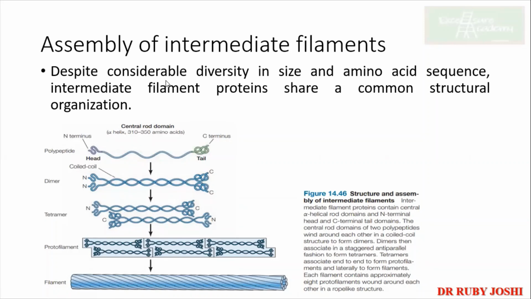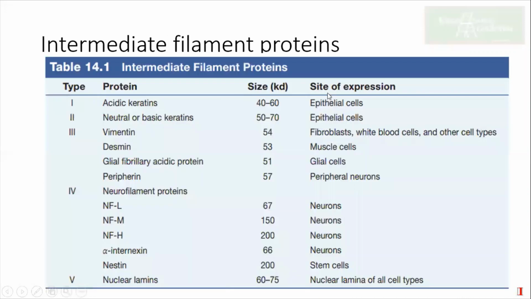Okay. Krishita, alpha internexin? Fibroblast. Where? Fibroblast, no. Last, Shruti, vimentin? Nobody is able to answer. Not paying attention, it means. See, vimentin is fibroblast, desmin is muscle, internexin neurons, nestin stem cells.